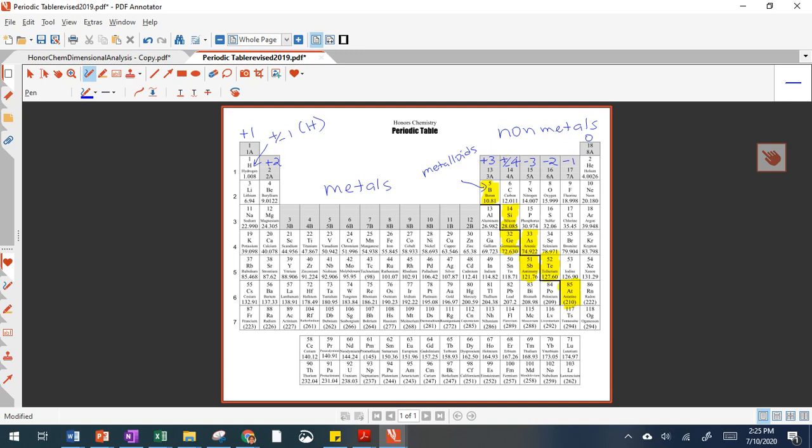Group 16 is -2. Group 17 is -1. And if we look at group 18, those are called the noble gases. Those typically do not form compounds, so we don't consider them as having a charge when we find them. Okay, so just be familiar with these patterns, these typical ions. Make sure you know these for the test and also for your quiz.